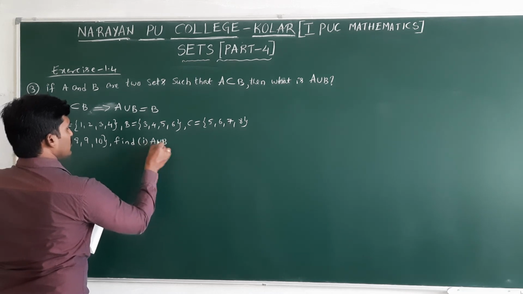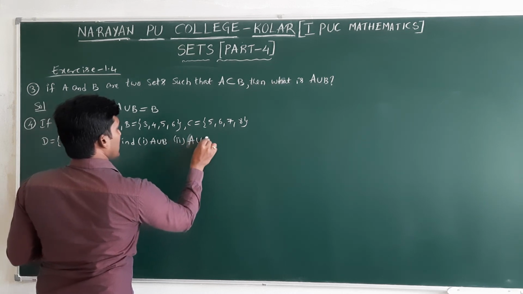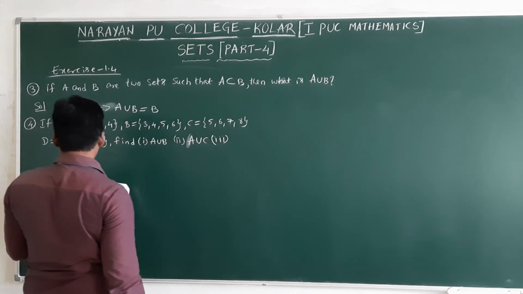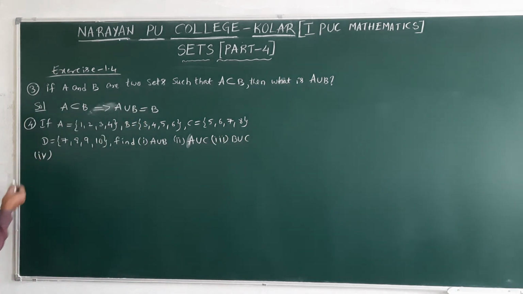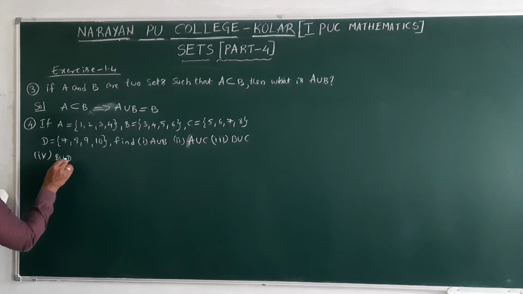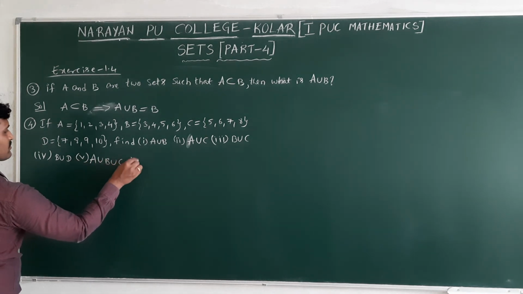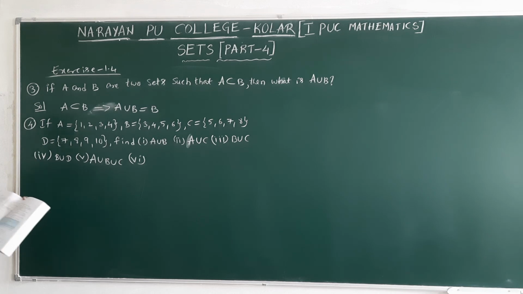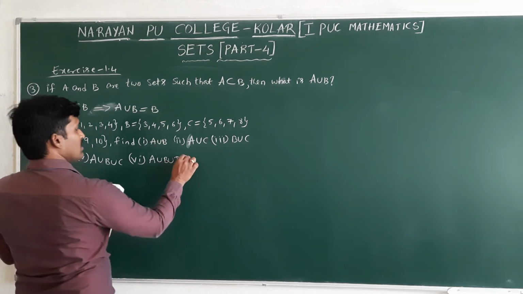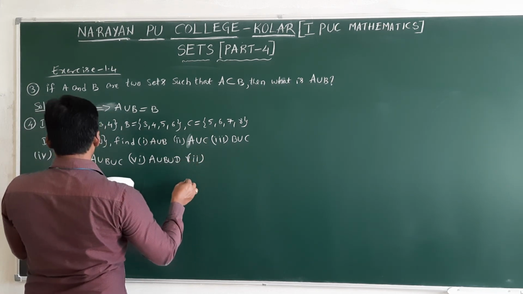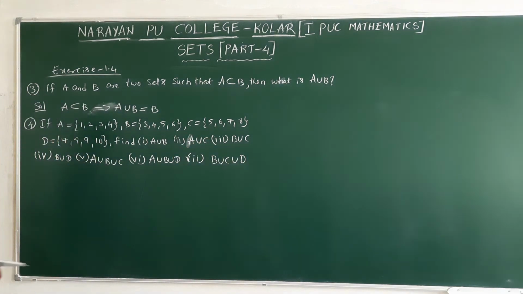First one, A union B. Second one, A union C. Third one, B union C. Fourth one, B union D. Fifth one, A union B union C. Sixth one, A union B union D. Seventh one, B union C union D. These are all the values we need to find out.